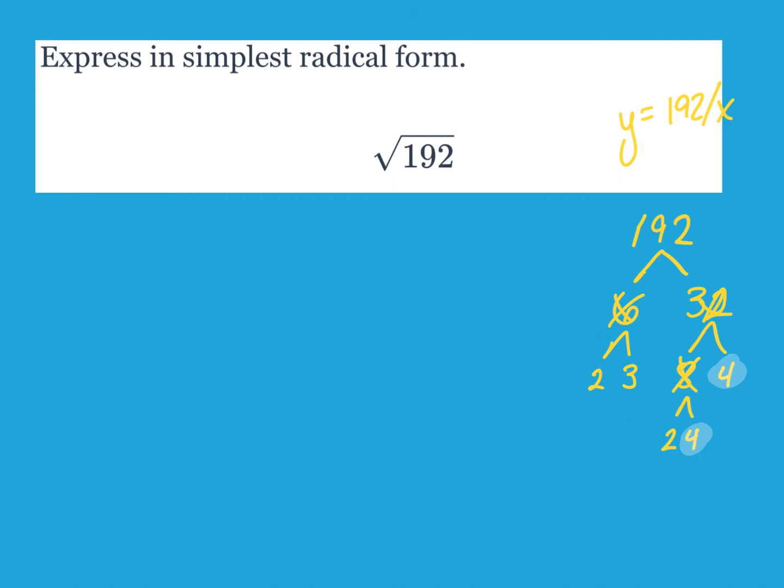So one of our common factors that we can pull out of this is a 4. And then the second pair that I notice is the factor 2. So that can also get pulled out. And then the 3 did not pair out with anything, so the 3 is going to be left inside of the radical.